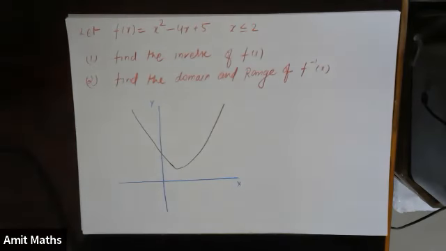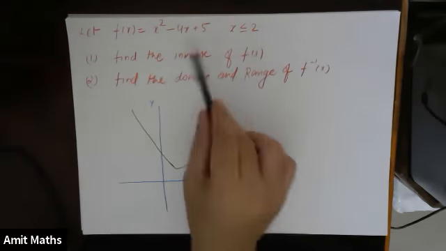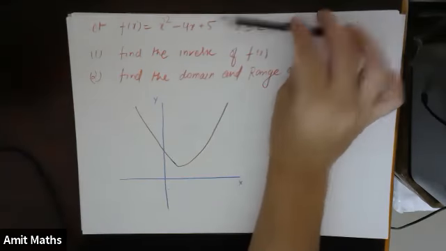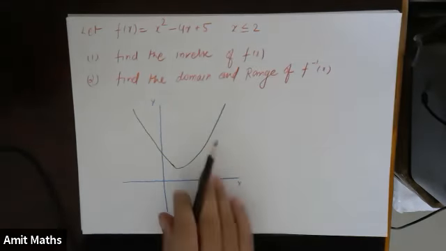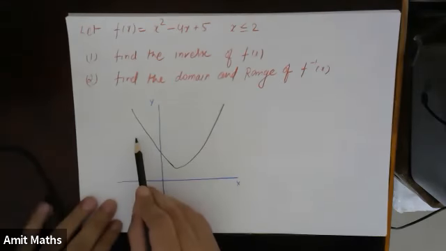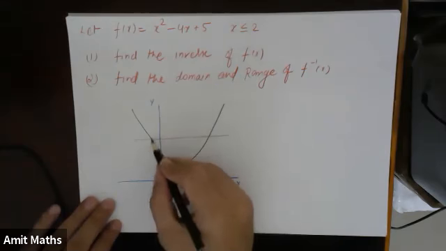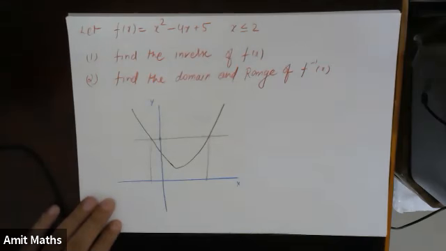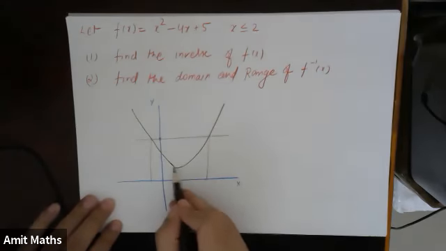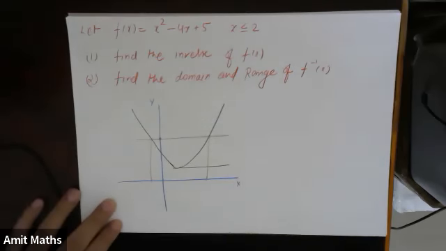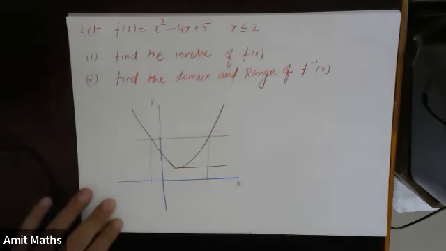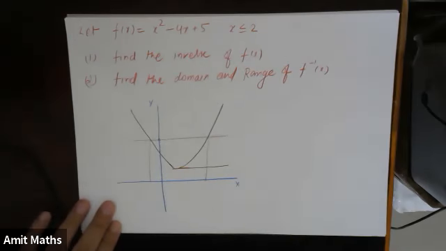If you look at this expression, if I completely ignore this part, you will see this is not one-one, because more than one x gives the same y. If I draw a line, more than one x gives the same value of y. Also, this part will never go below this, so there is always a minimum for this function.